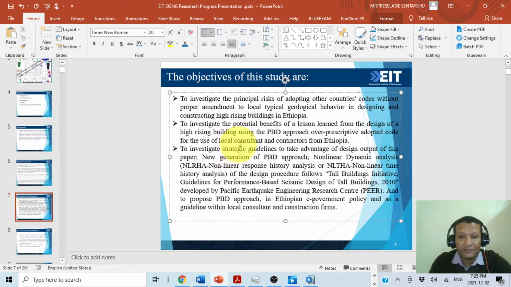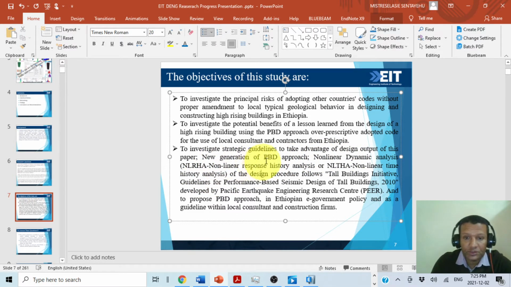To investigate the potential benefit of lessons learned from the design of high-rise buildings using the PBD approach over prescribed adopted code. There are a lot of buildings designed as per PBD. So what is the advantage over adopted codes for the use of local consultants and contractors from Ethiopia? To investigate strategic guidelines to take advantage of the design output of this paper.